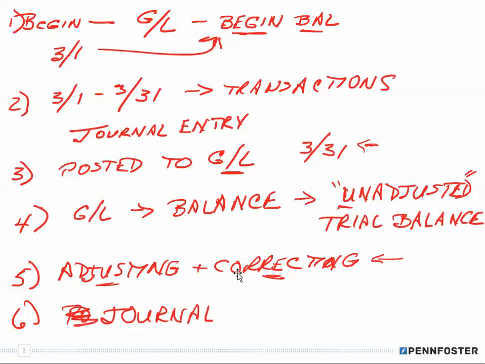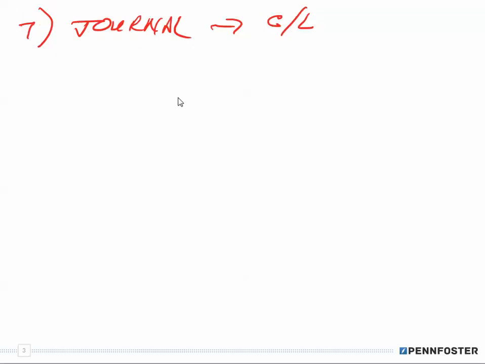We figure out what our adjusting and correcting entries are, and then we're going to enter them into the journal, into our general journal, well, into one of our journals, mostly into our general journal. Once we have them in our journal, we have to post them to the general ledger accounts. And once we post them to the general ledger accounts, then we create an adjusted trial balance.